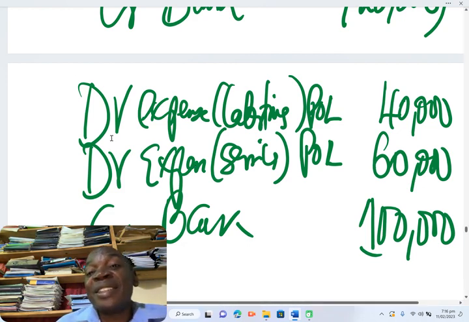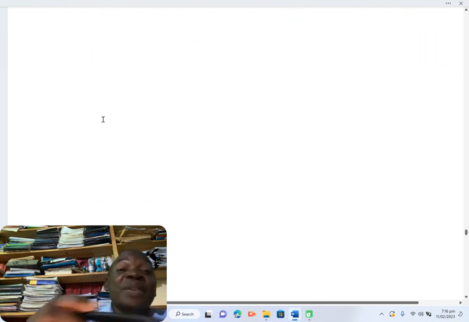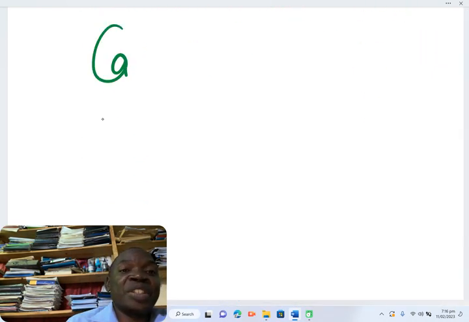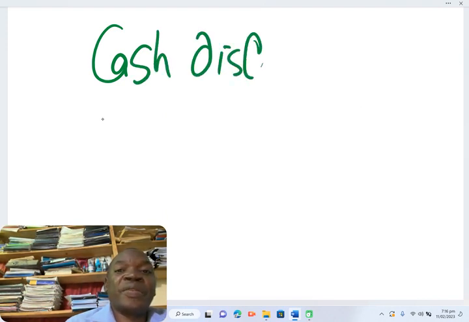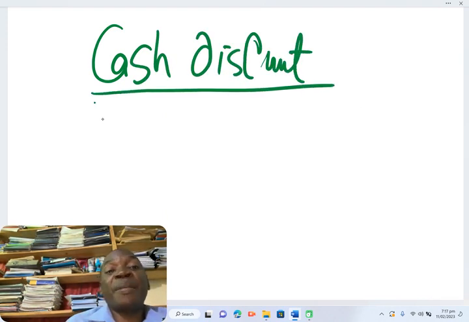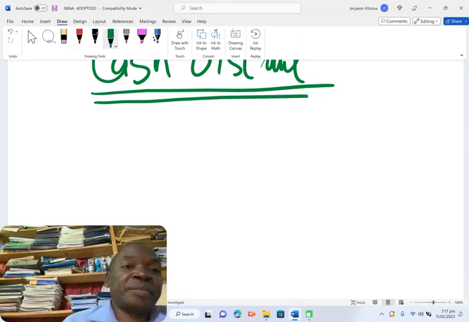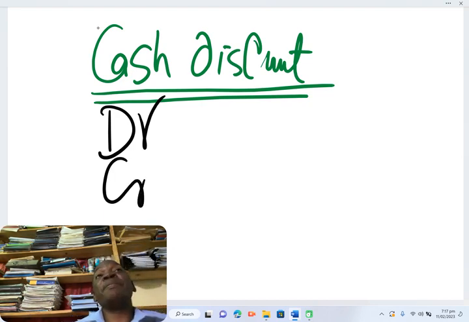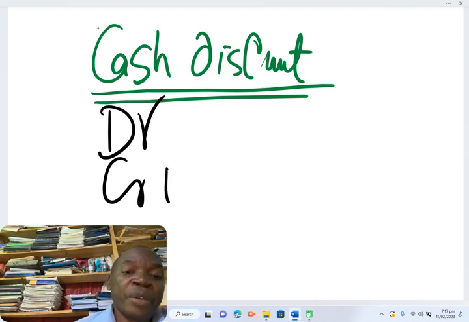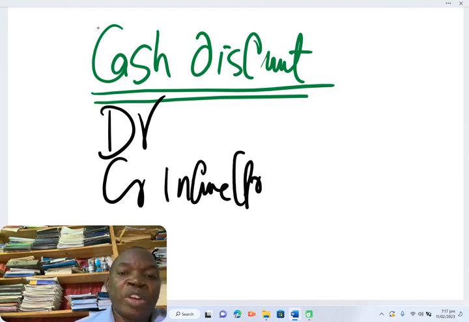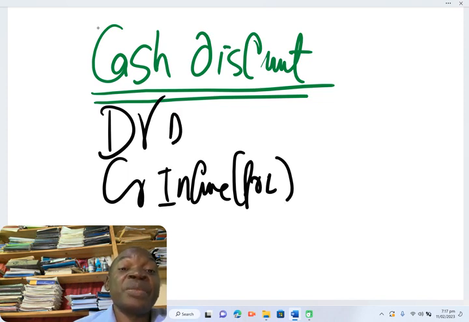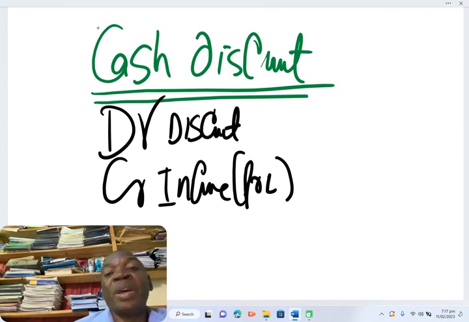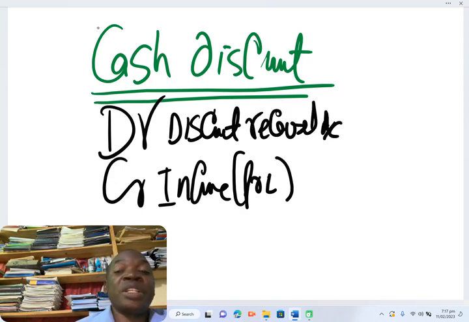Now the discount, that is an income. So discount, we are saying cash discount. Cash discount inapotokea, what are the journal entry? Kwa hiyo utadebit, utacredit. Utadebit nini? Utacredit nini? Of course there is kuna income. POL, then this is discount received account. So it's a discount received account.